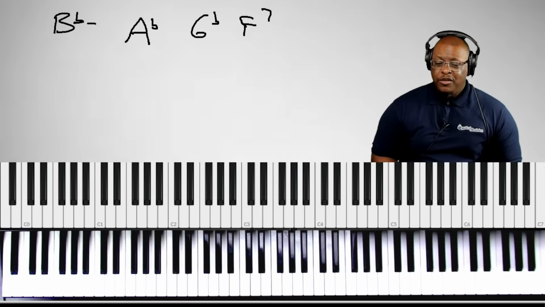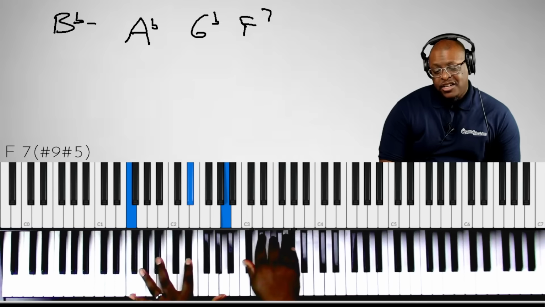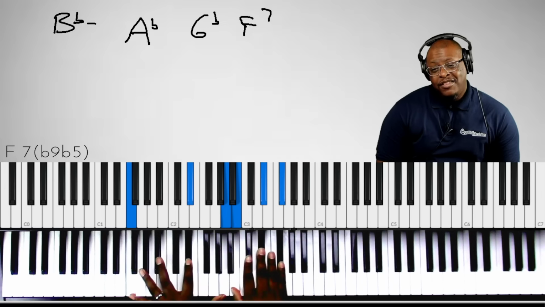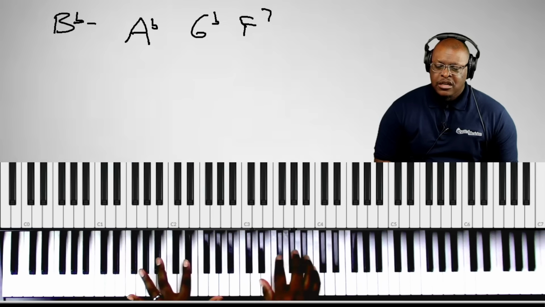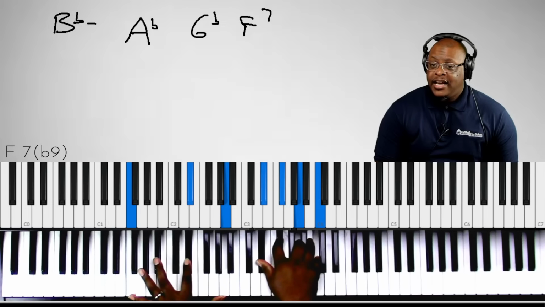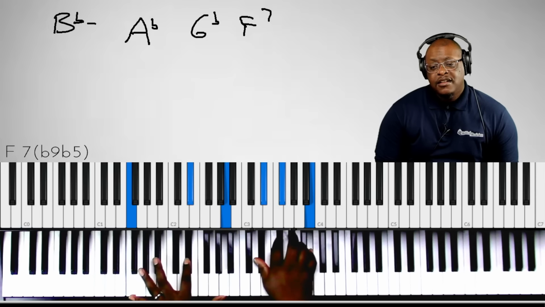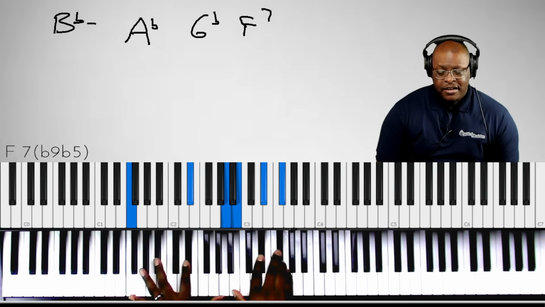All right. What if we change the tensions on an F7? So I did sharp 9, sharp 5. Then I did flat 9, flat 5. Let's do flat 9. So I go flat 9 to flat 9, flat 5.